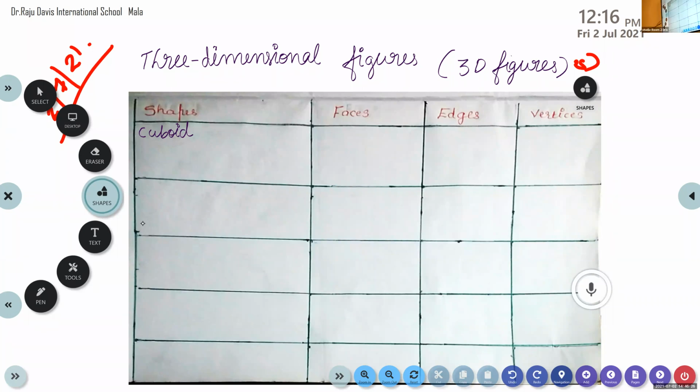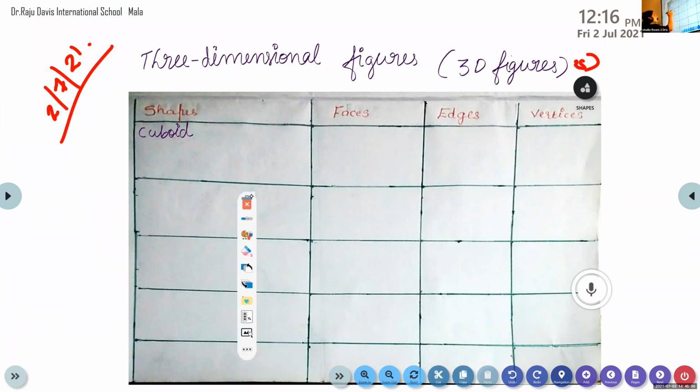Okay. Now we must draw a cuboid over here in the same box. So for that, what you want to do is draw a rectangle. A rectangle, any size.